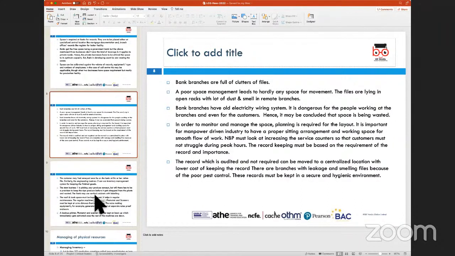So when we look at monitoring and managing of these physical resources, it is crucial for the organization to ensure that the equipment, which is in this case the vehicles, are regularly serviced. They are running and operational, because that is what is used to actually transport goods from one warehouse to the other.